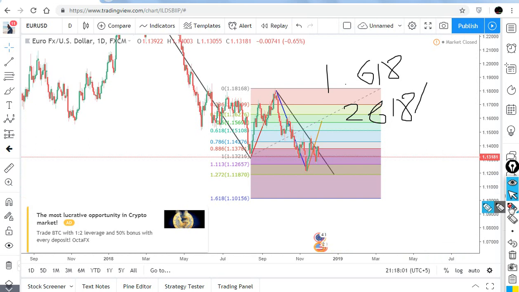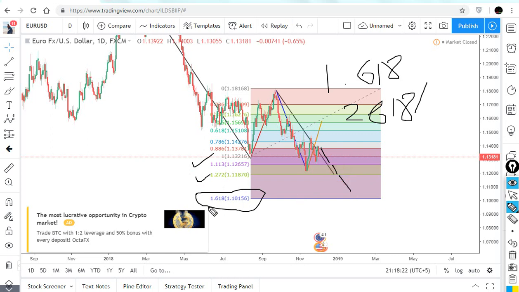So you see that it's here, but it's not like this. When the wave starts going down, it will first hit 1.13, then you will see it hits 1.272 and then it hits 1.618.